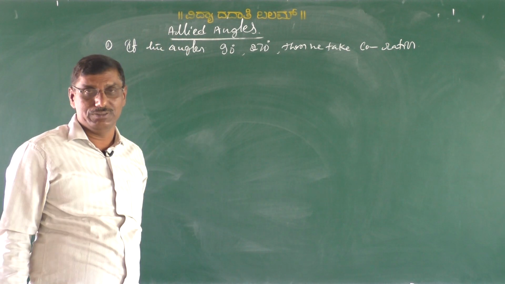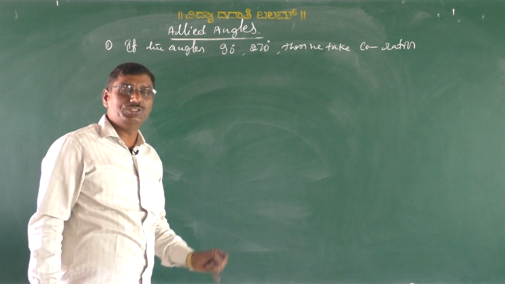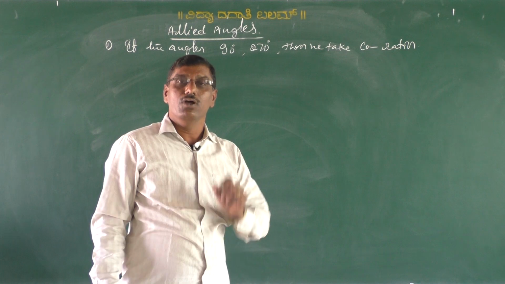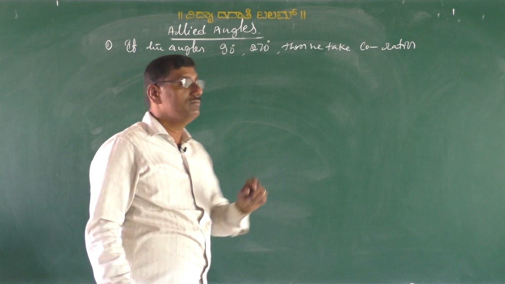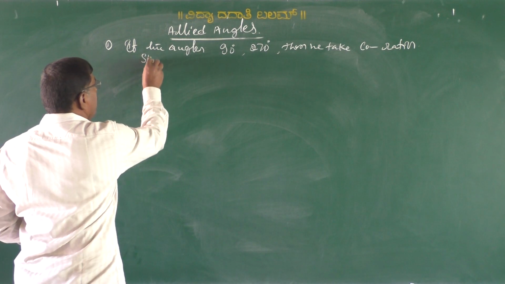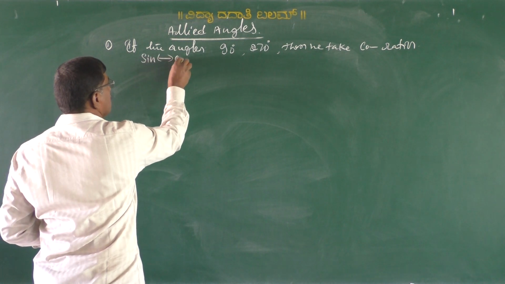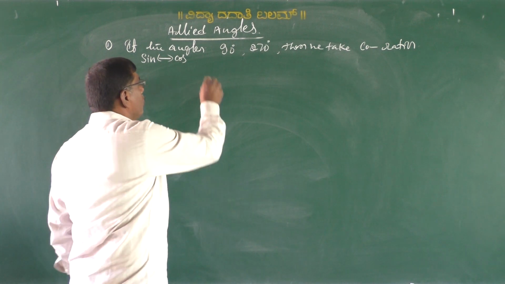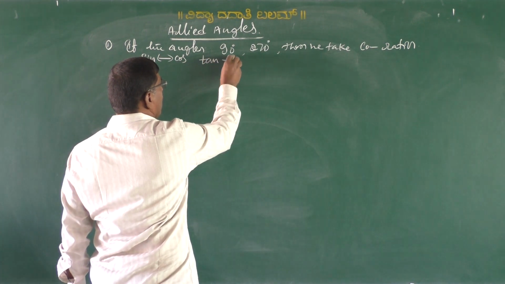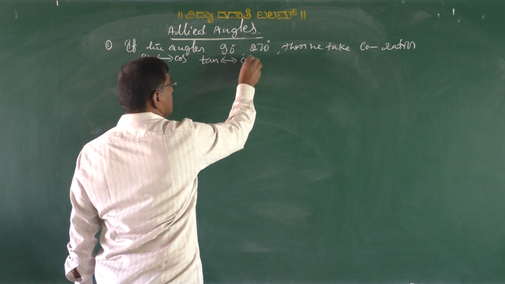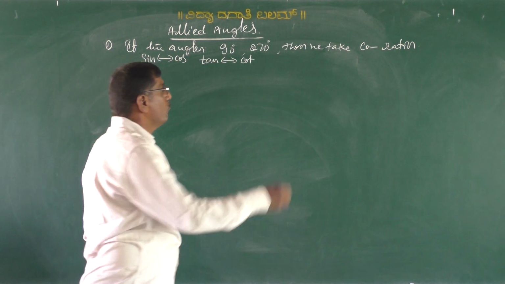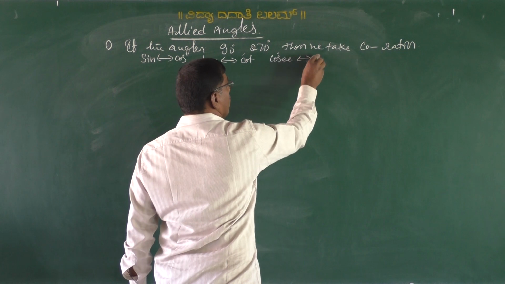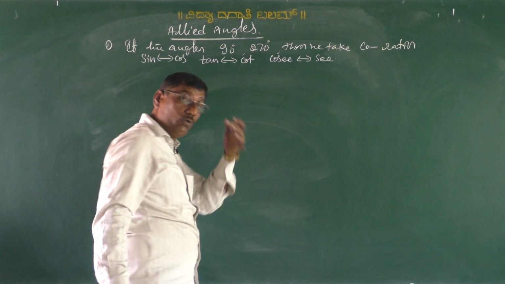my dear students. That means for sine, the co-ratio is cos; for cos, sine; for tan, cot; for cot, tan; for cosecant, secant; for secant, cosecant.